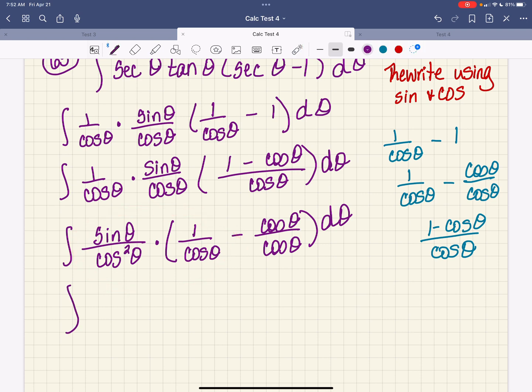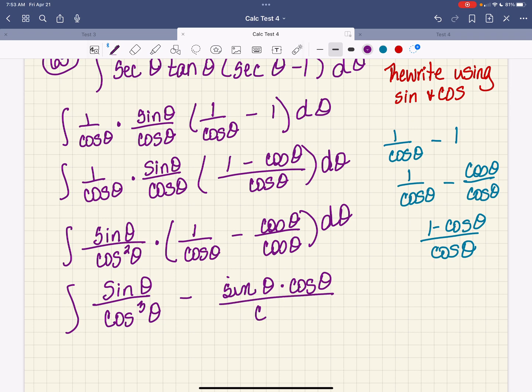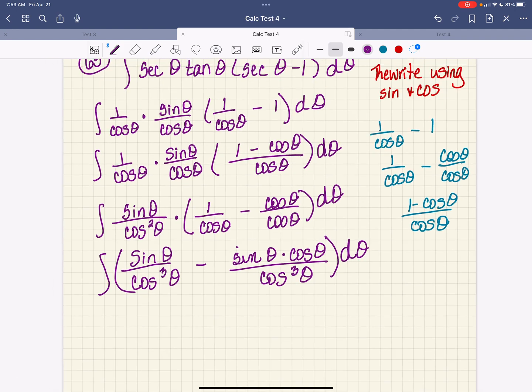So I'm going to have sine of theta over cosine cubed of theta. Okay, then I'm going to have sine of theta times cosine of theta over cosine cubed of theta. Okay, and again, I haven't done anything yet as far as calculus is concerned. All I've done here is just some rewrites.